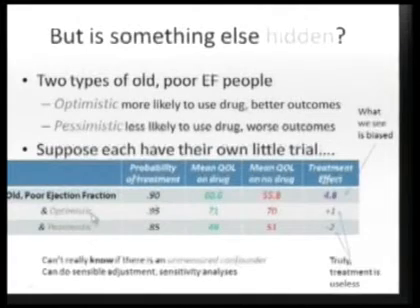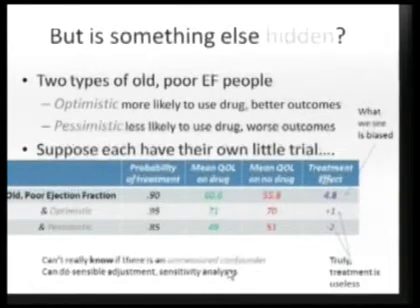Whereas if we drill down, the optimistic people have a slightly higher probability of treatment, and optimistic people have good quality of life, but it doesn't matter if you're on drug or not. And pessimistic people are less likely to take treatment, and they also have poor outcomes, but once again, there's no effective treatment.